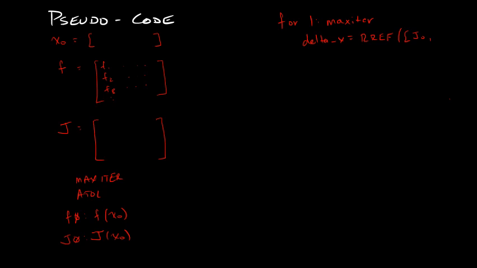And we're going to want this matrix here. Another MATLAB example, since many of you are using MATLAB: instead of using reduced row echelon form, you might use something like mldivide. So that might be a good way to solve that.